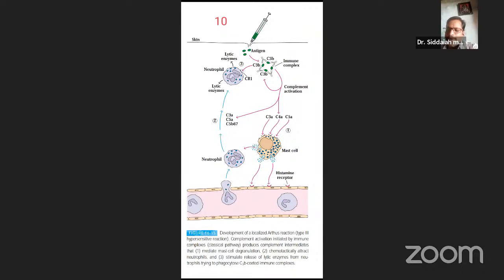These antibodies go and bind with the antigens. Then the antigen's active sites are neutralized by these antibodies, so there are no subsequent health issues. The antigen's active site is the epitope.